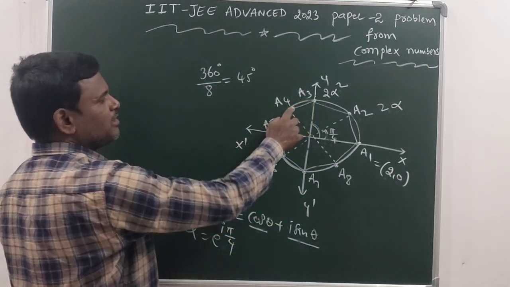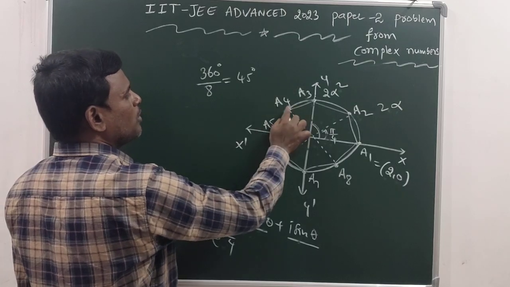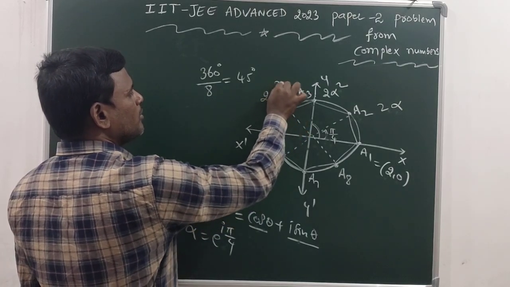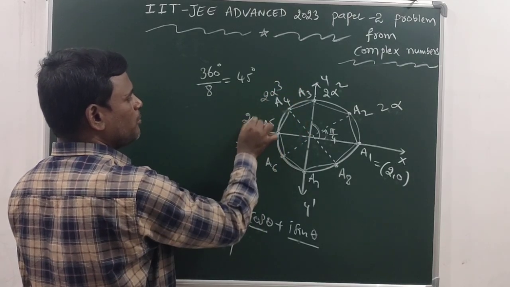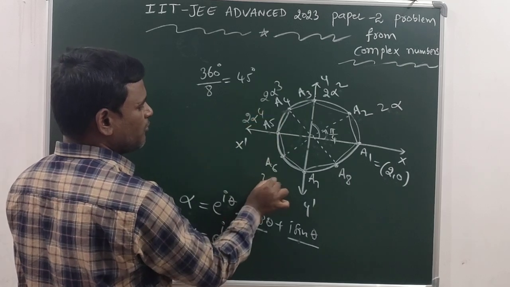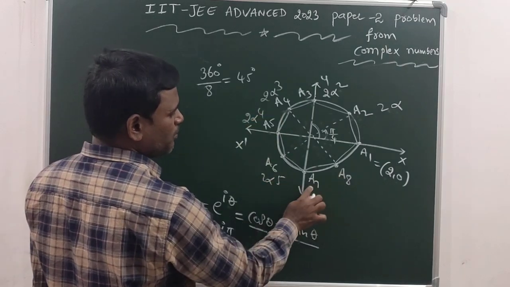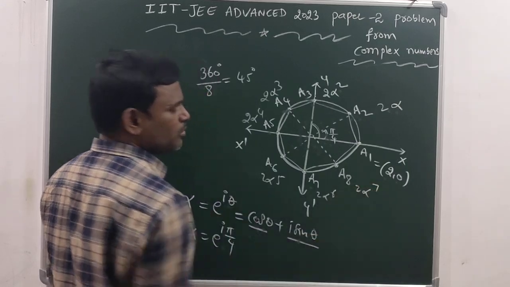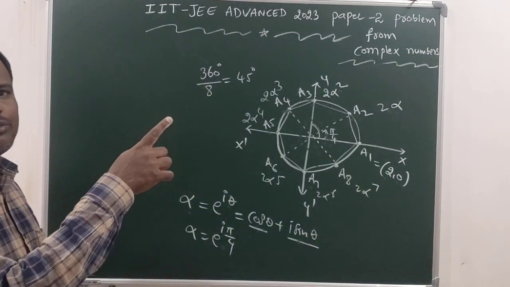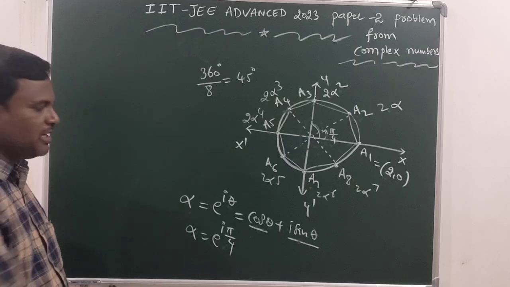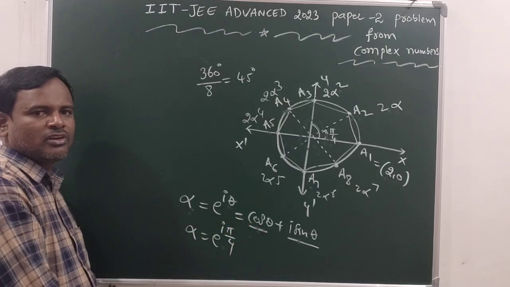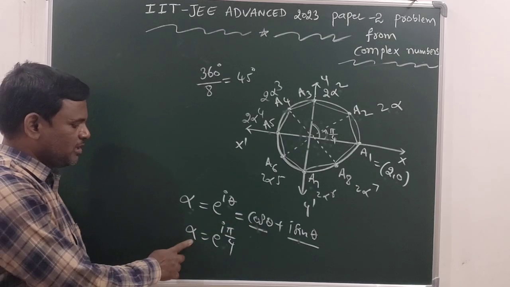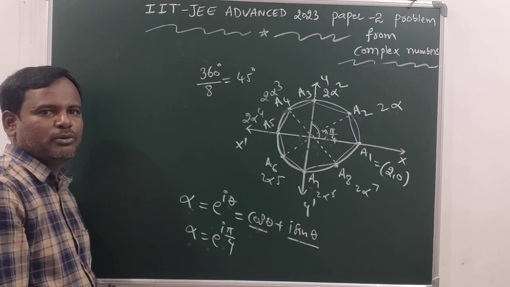In the same manner, A4 is 2 alpha cube, and here 2 alpha power 4, like 2 alpha power 5, 2 alpha power 6, 2 alpha power 7. You got the coordinates of A1, A2, A3 till A8. Okay students, here alpha equal to e power i pi by 4 you can take.